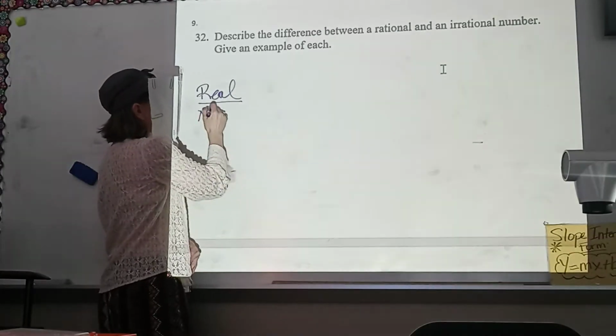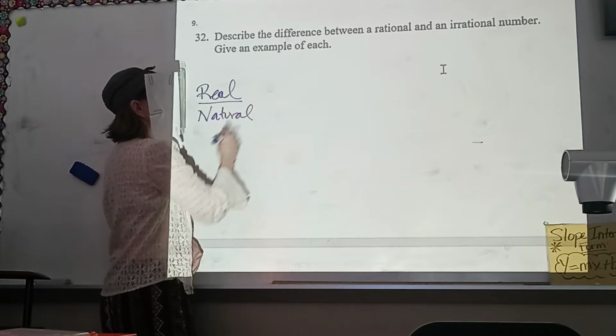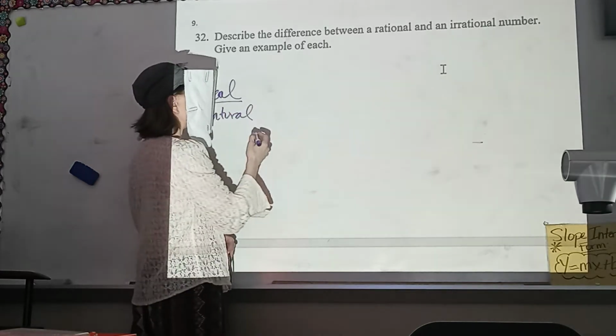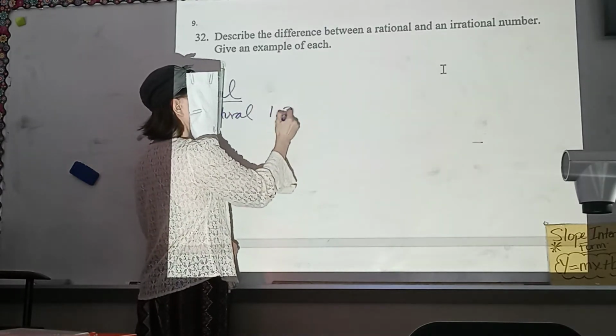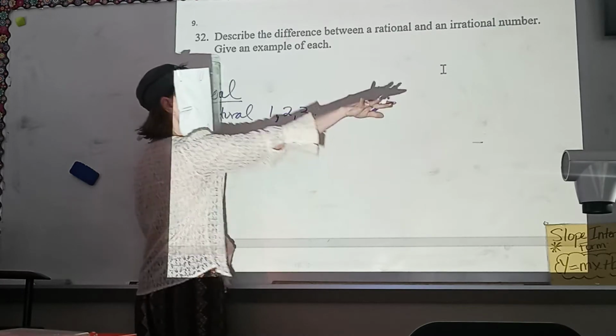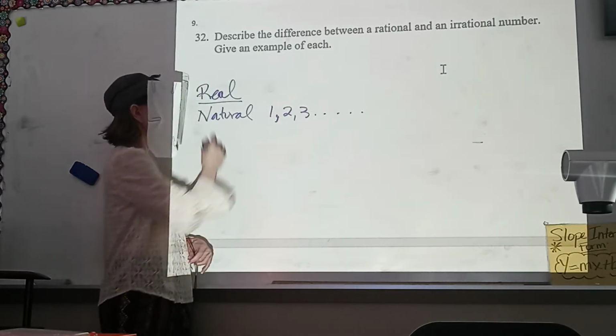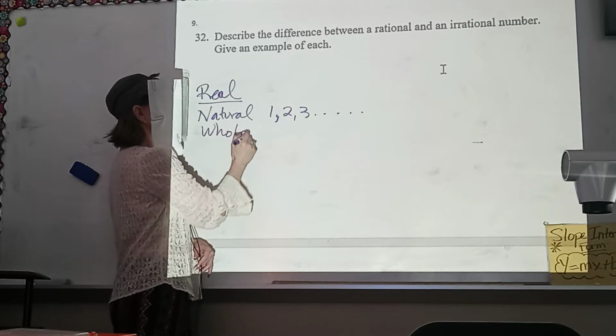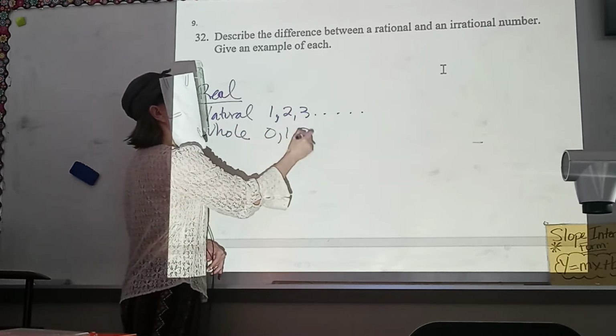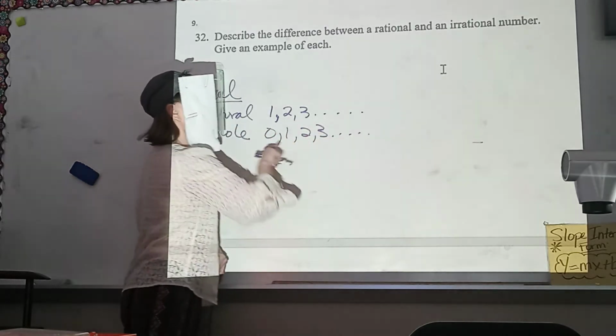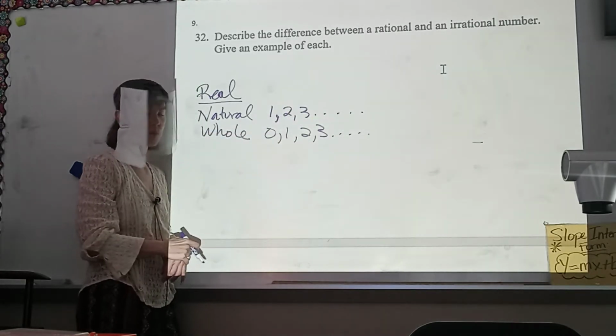And we started with natural numbers, right? I told you to think of money because natural numbers start with the number 1, 2, 3, and go on into the positive direction. And then our whole numbers start with 0 and go 1, 2, 3 on into the positive direction.